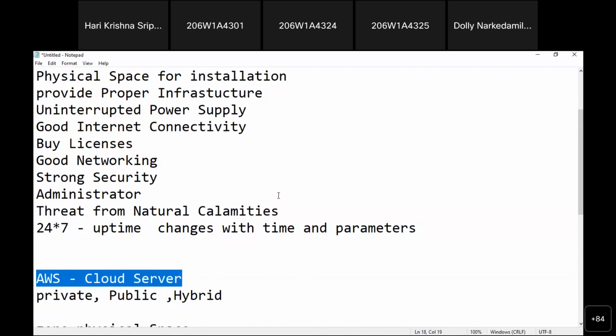Moving forward, any doubts in this? Please let me know if you're having any doubts or any point where you are not getting it. No doubts?